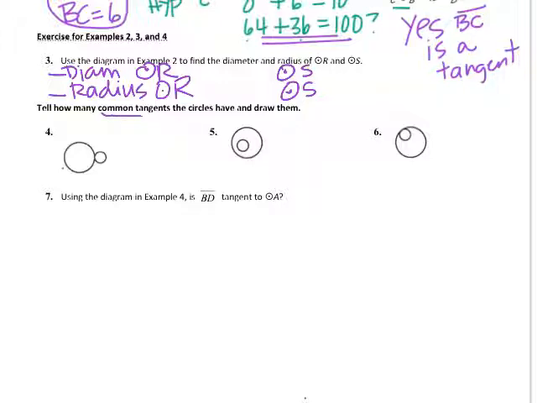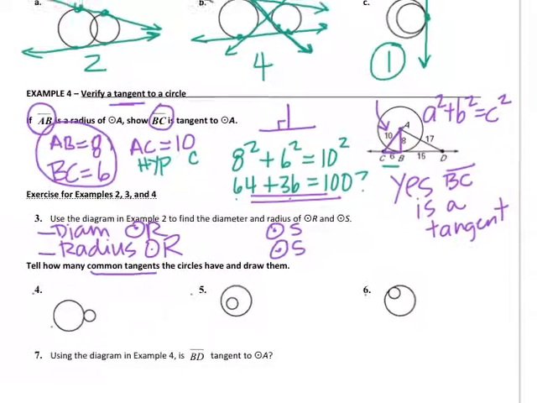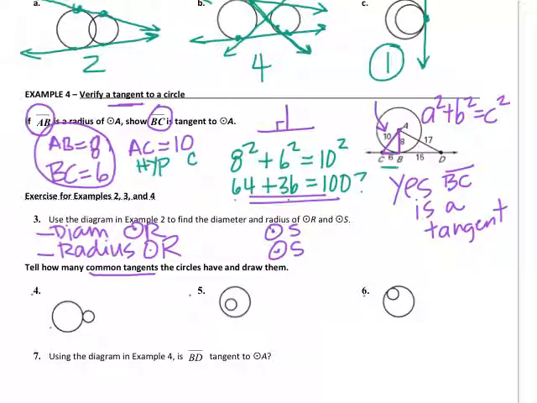I want you to draw in the common tangents and tell how many you have for each one of these problems, 4, 5, 6. And then finally it says here in number 7, using the diagram in example 4, is segment BD tangent to circle A? So what you'll need to do is take a look at this other triangle.